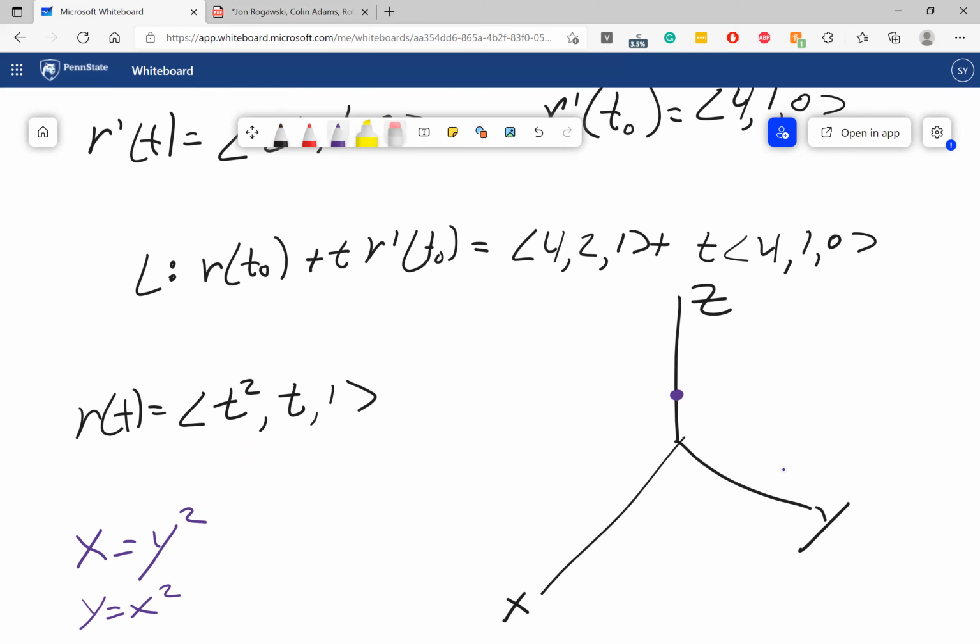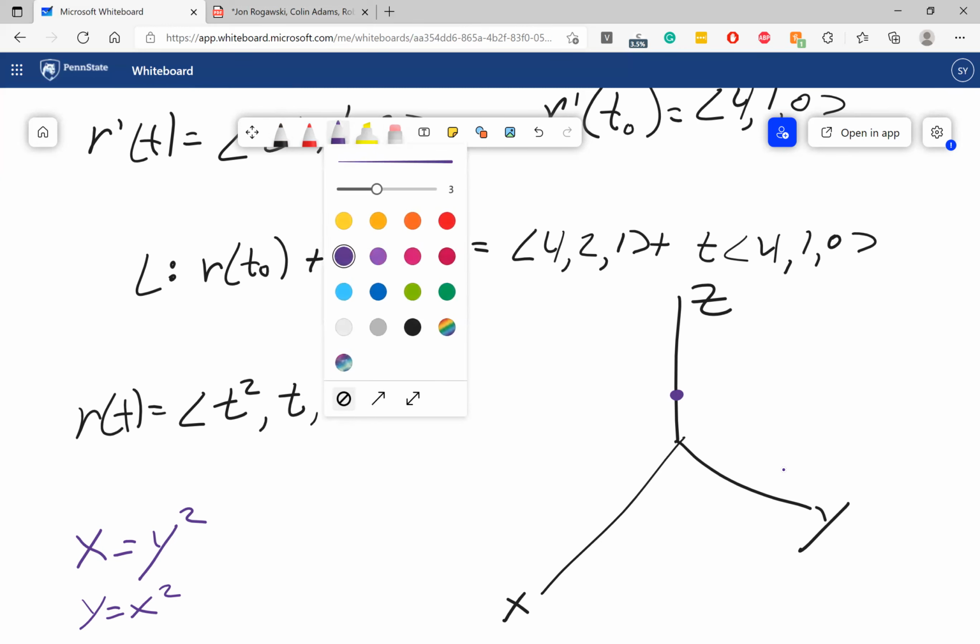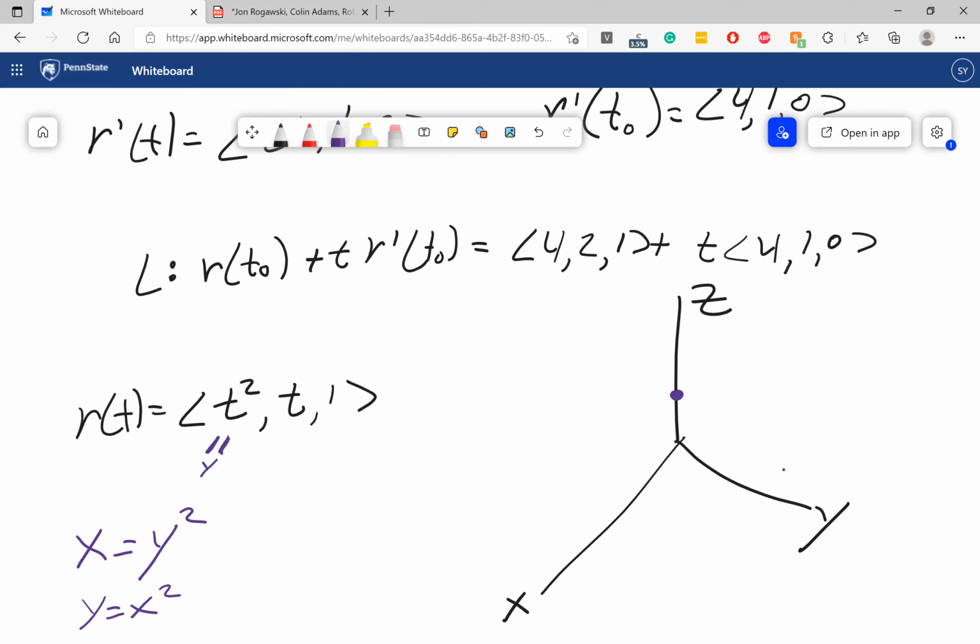So this is your X. And this is your Y. How many Y's do we need to get to X? We need to take Y and square it, and that gives us X. So because of that, we are going to get something that looks like a parabola over here.